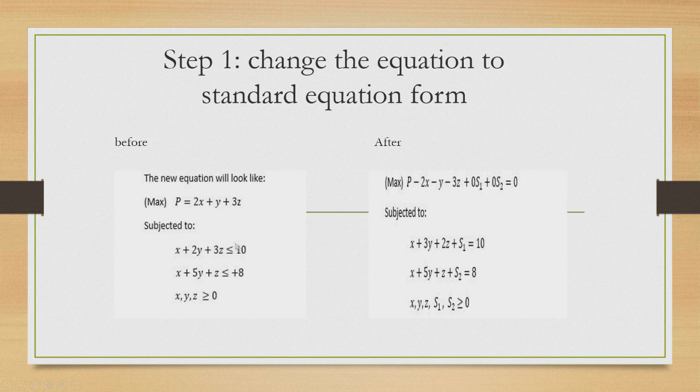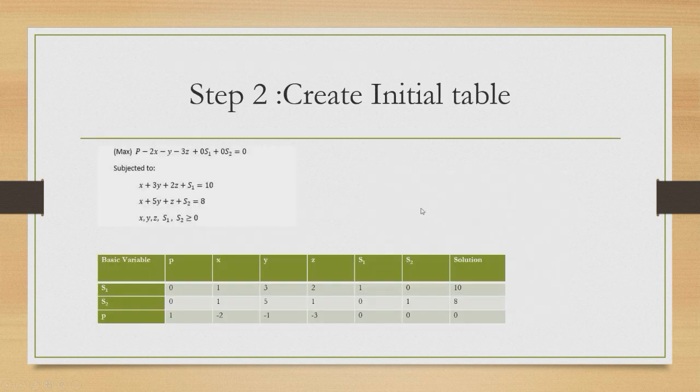In this question we have two constraints, so we add two slack variables. After that we change the constraints to the equal symbol. If the constraint becomes the equal symbol, we need to add the slack variable to make the equation equal. After we get the standard equation form, we can proceed to step 2.